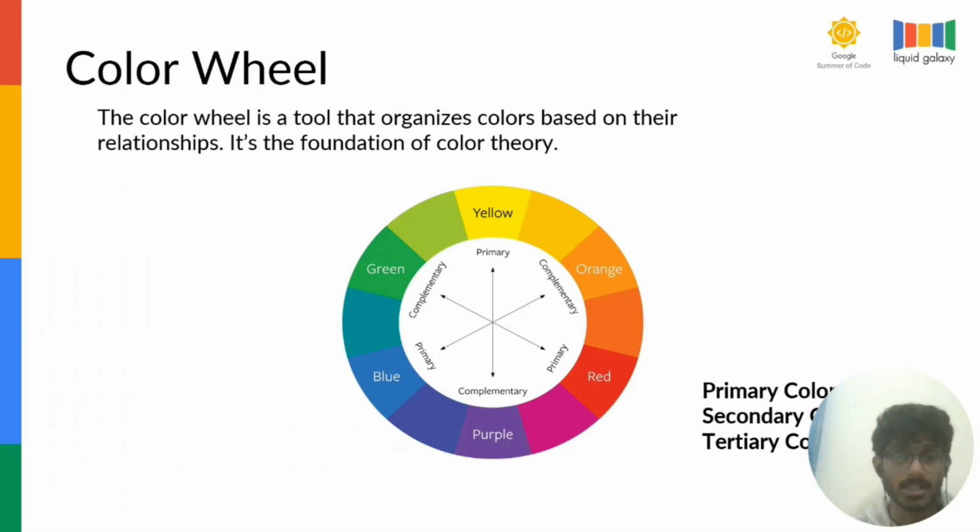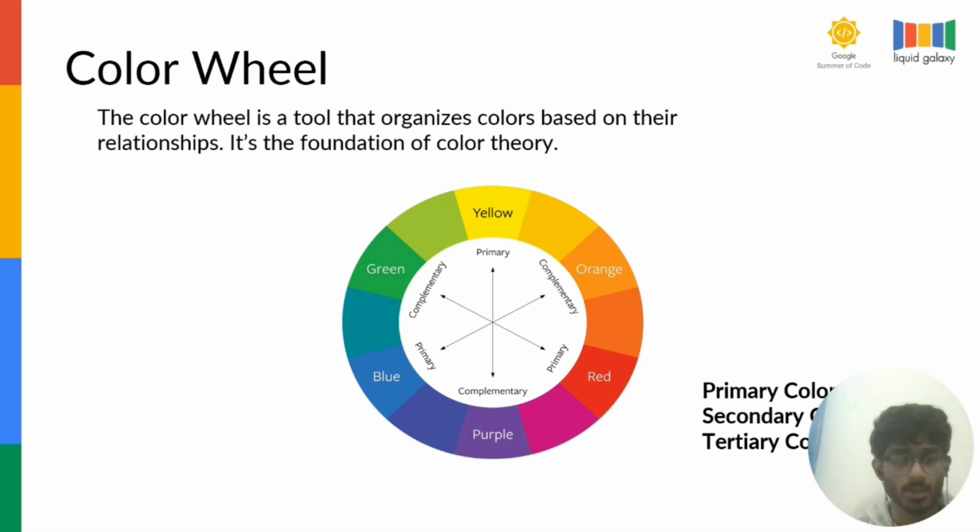So next part is color wheel. Color wheel is a tool that organizes colors based on their relationship. It's a foundation of color theory. They are categorized in three: primary colors, which are red, yellow, and blue. And then secondary colors, created by mixing two primary colors: red plus yellow is orange.